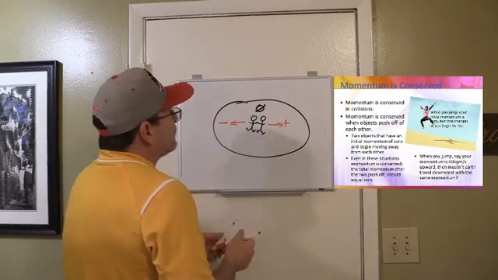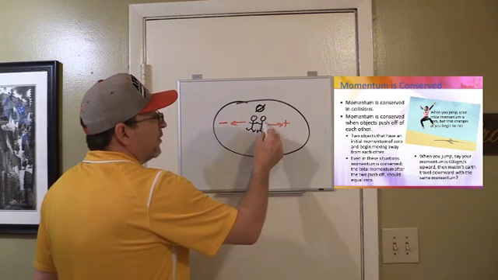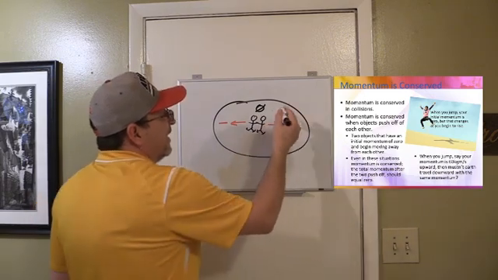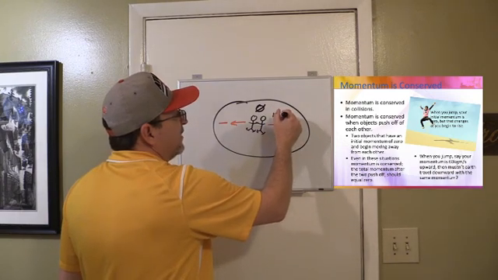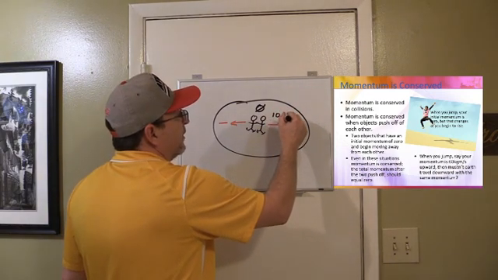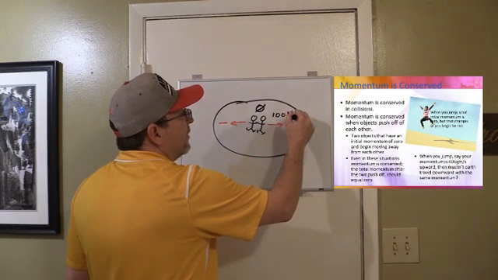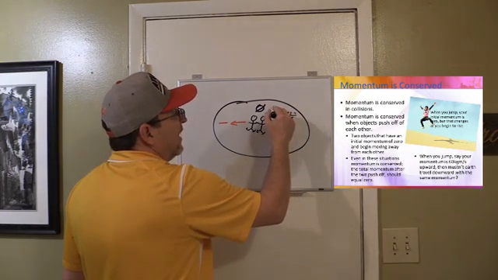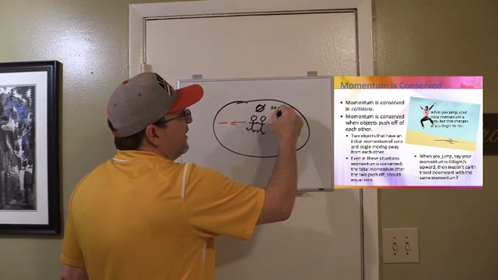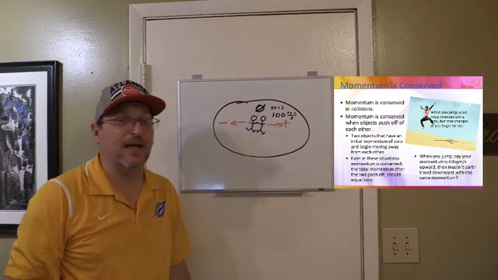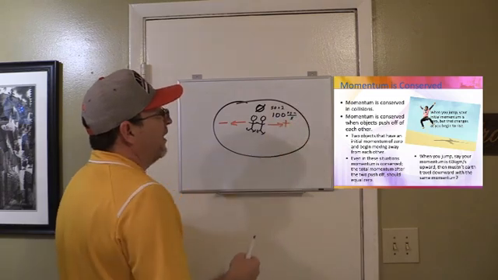Let's say this person is zooming off with a momentum of 100 kilogram meters per second. So he has a mass of 50 kilograms, and he's traveling at 2 meters per second. 50 times 2 gives me 100.